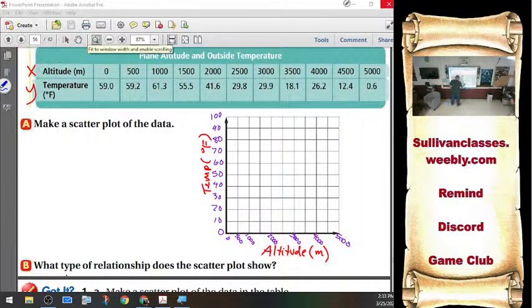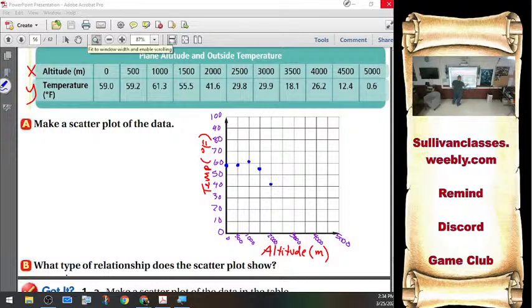So, 0, 59-ish. 500, 59.2. 1,000, 61.3. 1,500 is 55 and change. 2,000, 41.6.